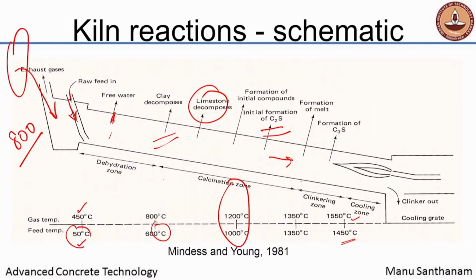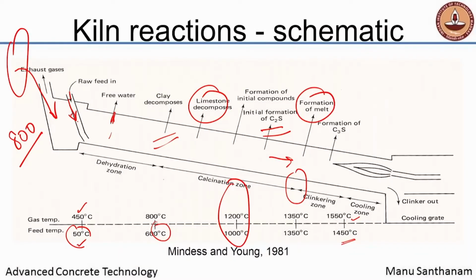Nevertheless, what happens beyond this is that there is an important event that happens around 1350 degrees Celsius, and at that point the aluminate bearing phases, that is the tricalcium aluminate and the tetracalcium aluminoferrite, appear as a molten liquid. All the aluminate phases appear as a molten liquid. That is the formation of melt at that point.